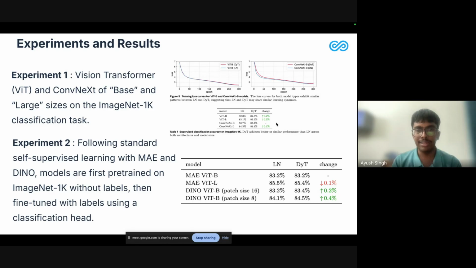And DINO is a kind of student and teacher model relationship, where there is a teacher model which is a bigger ViT and a smaller model which is a smaller ViT. For example, I have a single image, and one is rotated and one is cropped.